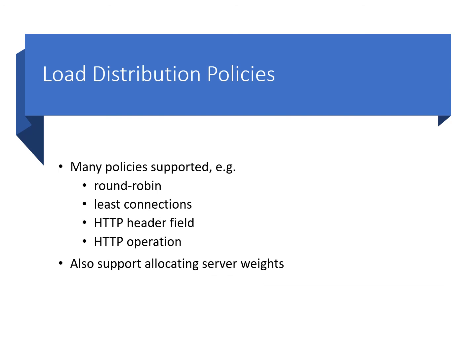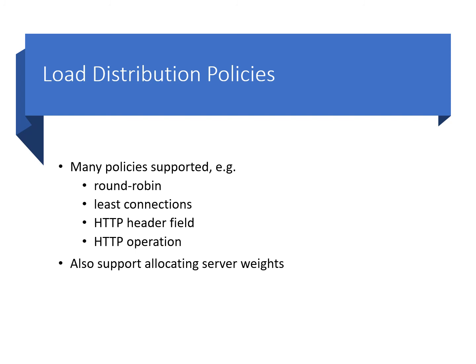Load distribution policies dictate how the load balancer chooses a target service to process a request. Any load balancer worth its salt will offer several load distribution policies. HAProxy, for example, has 10. The most common ones are shown on the slide here.